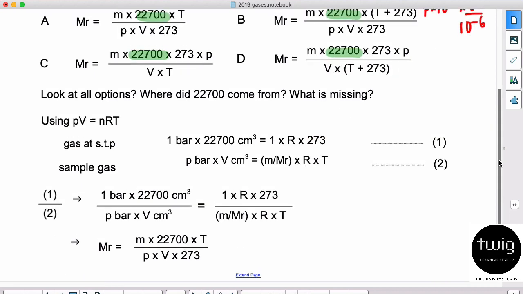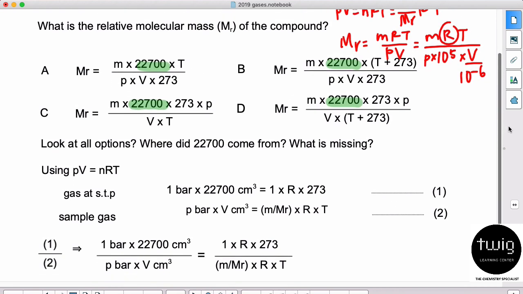This is the working to show how it is done. We use STP first, so we're going to write two equations: one for STP and one for the gas. STP is 1 bar, volume is 22.7 dm cube, but I'm changing to cm cube because I see that in the options.